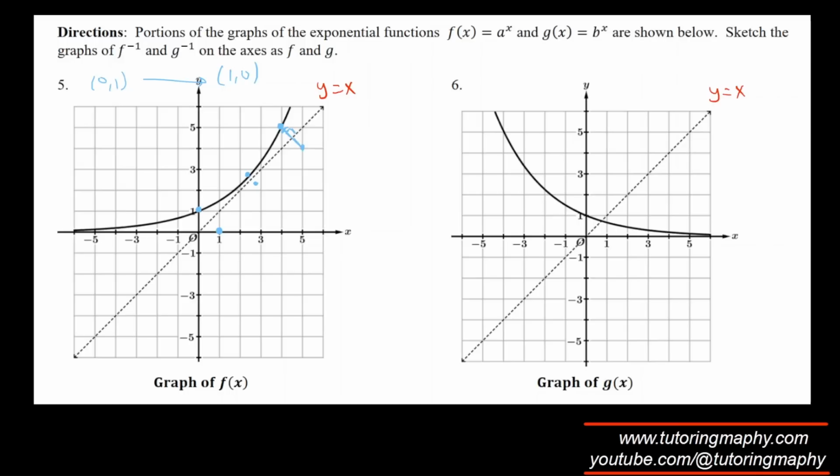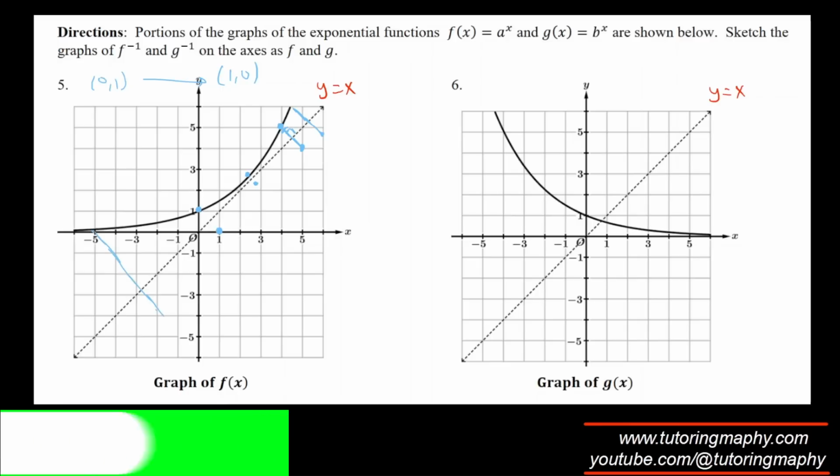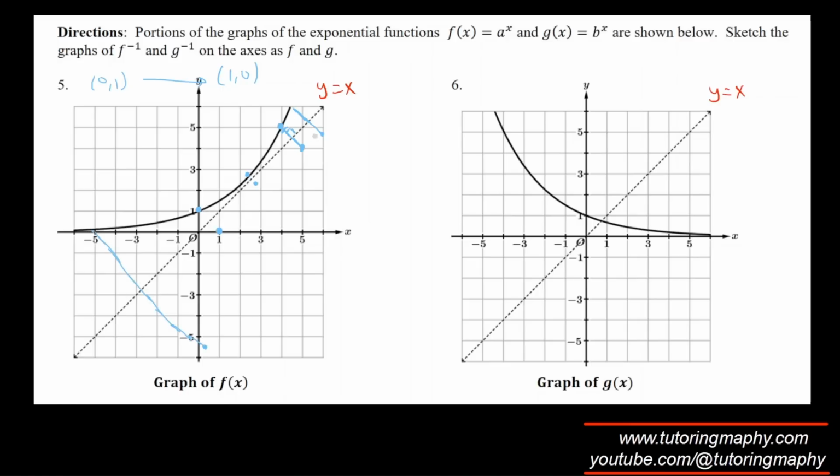So this will become your new point. Likewise, you can keep doing this for all the points. So that way you will get this sketch, and this point will now come somewhere over here and so on. So the sketch is going to look something like this, right? This is going to be the graph of the inverse function.